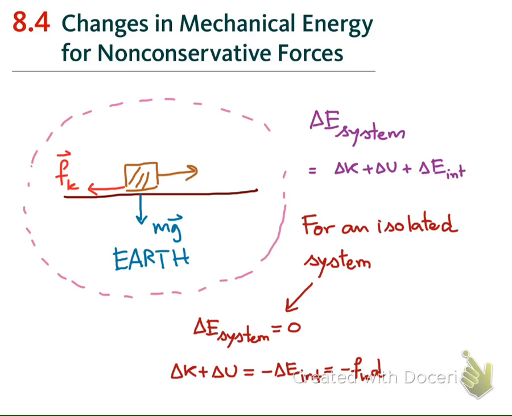So we can interpret this equation as follows: in an isolated system we have the object, the kinetic friction, and the earth.